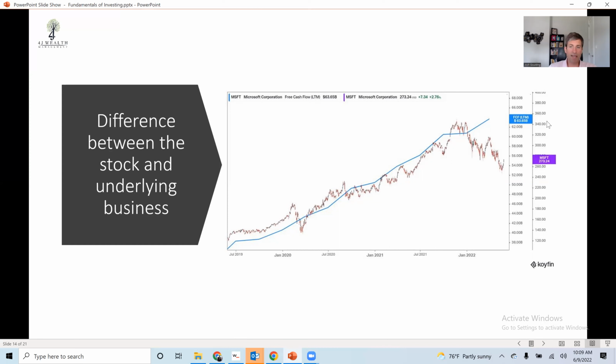So again, it doesn't mean that the movement in the stock price can't be right in time. Maybe Microsoft will decline, but you shouldn't let the price of the stock inform how you feel or your confidence about the future direction of the company. You have to look at the underlying financials of the company. So again, that's just a really good example of the difference between what the stock is doing and what the underlying business is doing.